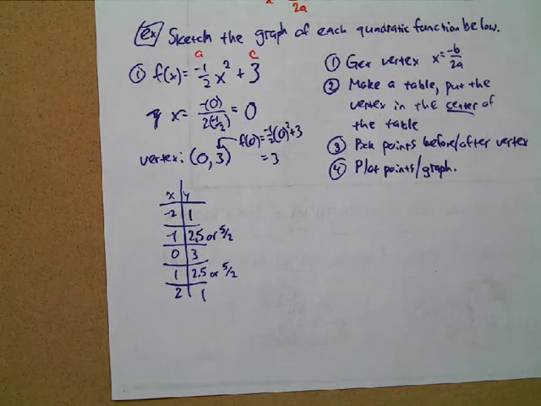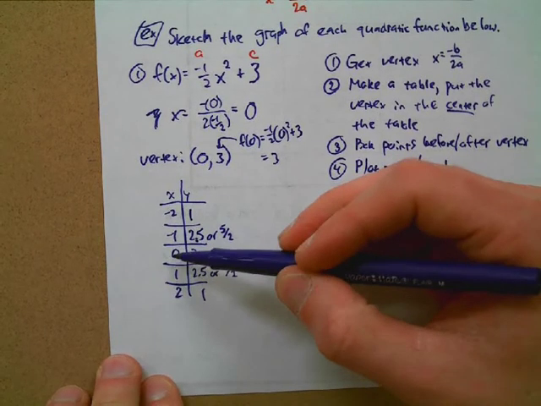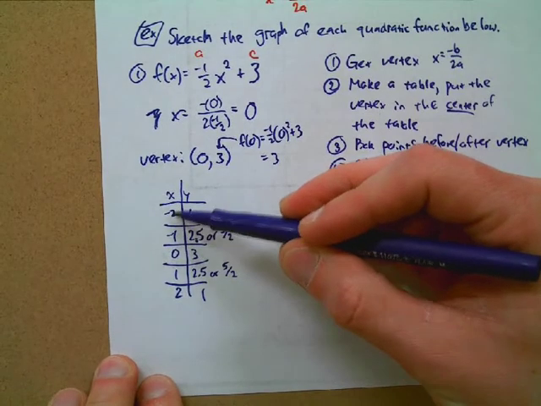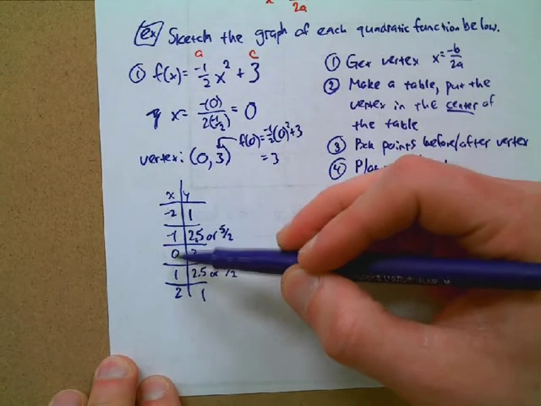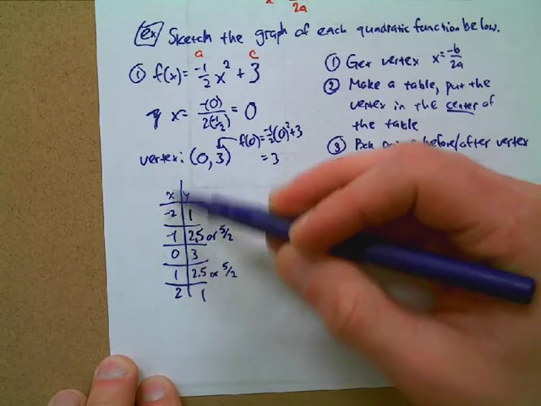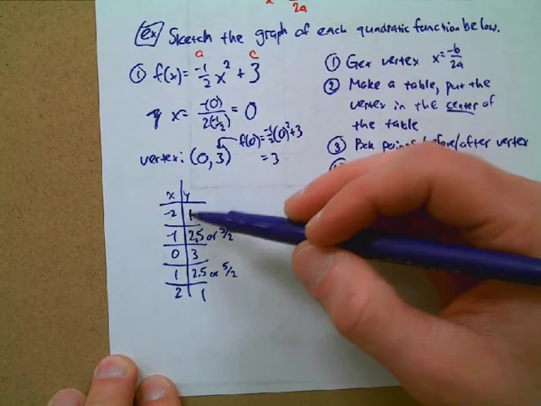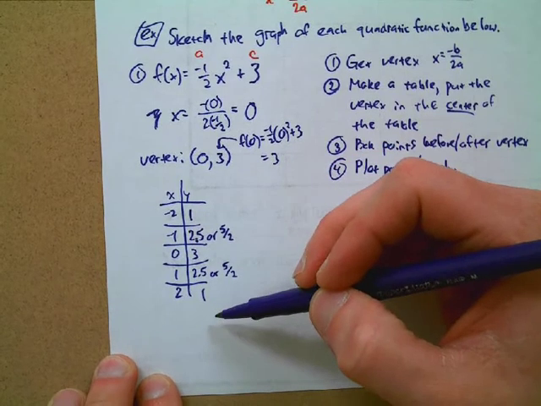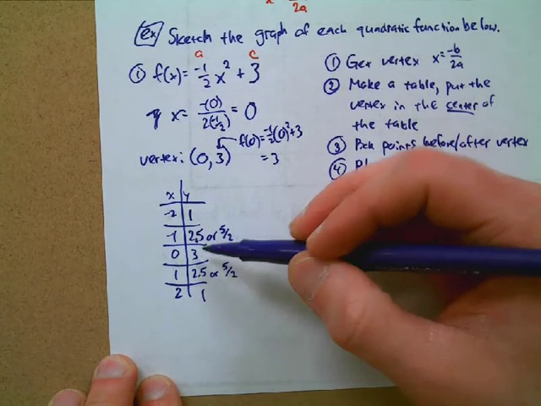Do you see some symmetry here? We had our vertex there in the center. I went 1 before and then 1 more before, -1, -2, and then 1 after and 1 more after in the x-coordinates. That results in symmetry.